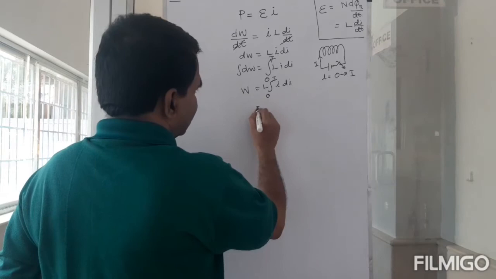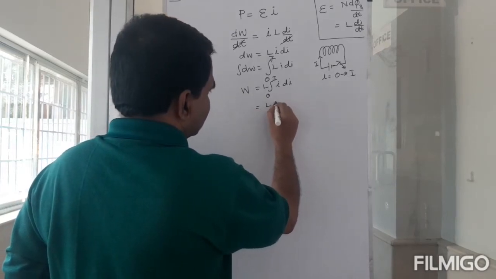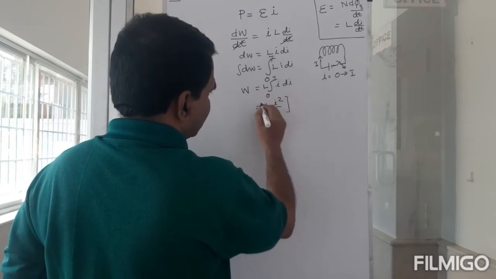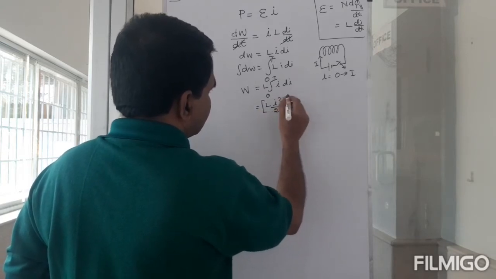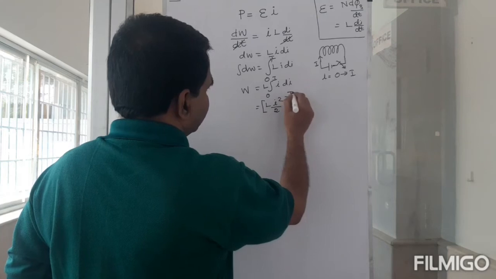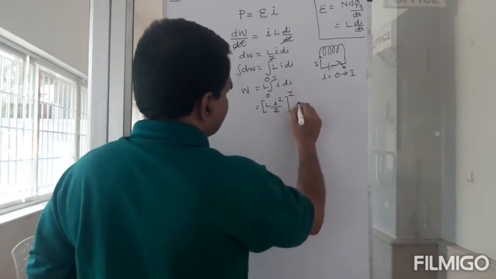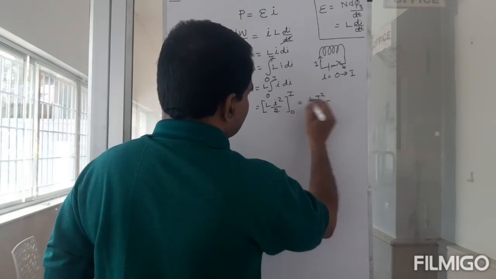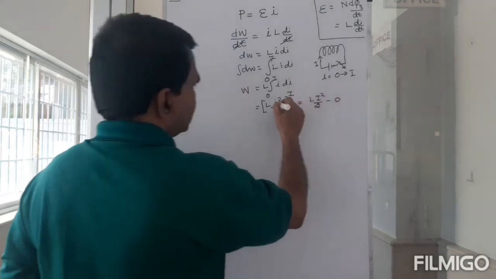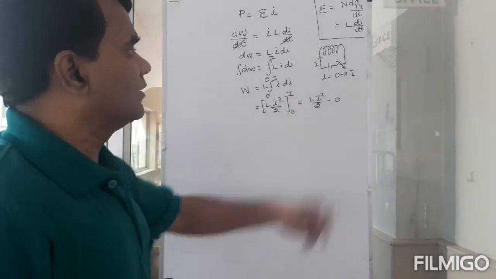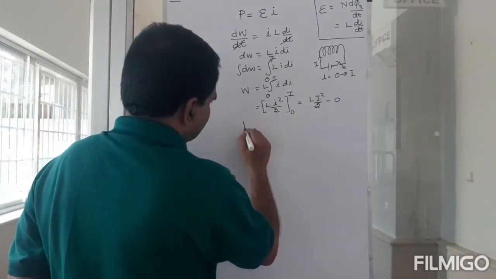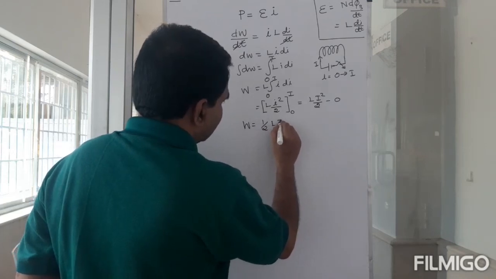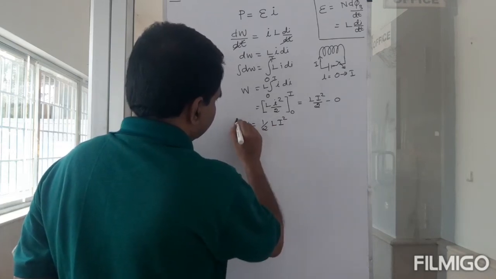So this will give me L I squared by 2. Then I have these limits 0 to I, and that will give me L I squared by 2 minus 0, because if I put 0 in place of small i, it becomes 0. So the work done is equal to half L I squared.